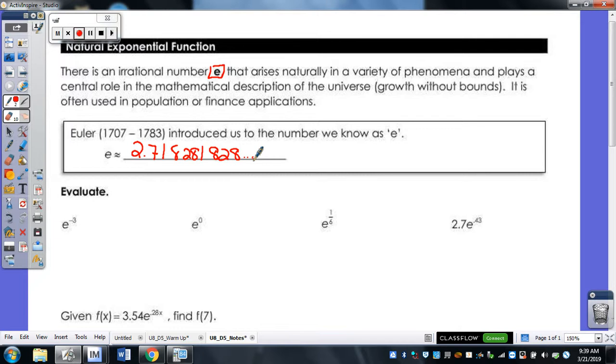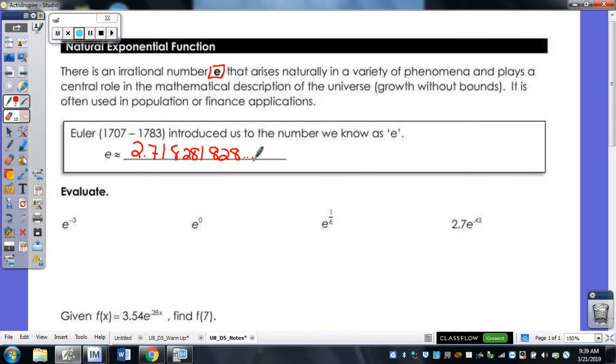Again, he just kept doing a whole bunch of problems back in the day. And every time he did these problems, this number just kept showing up. So he realized it's just something that exists when he was doing his calculation. And that was the value it equals.